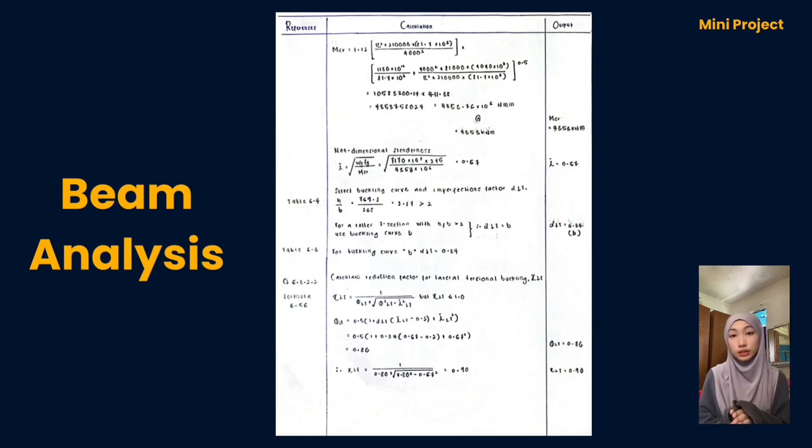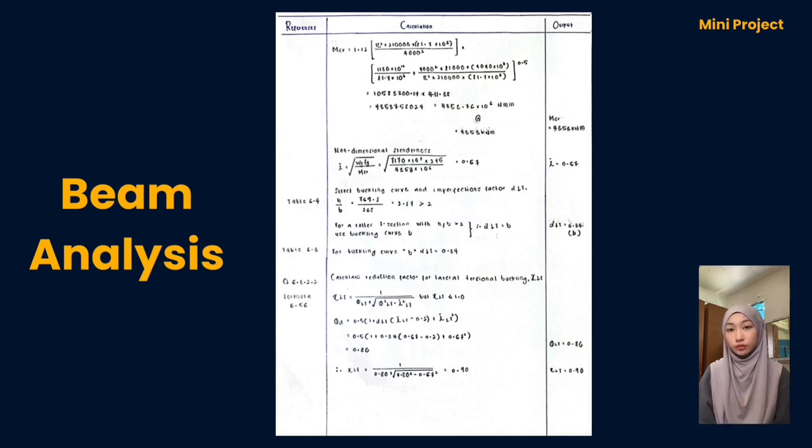For selecting the buckling curve and imperfection factor, refer to table 6.4. H over B equals 2.87, which is greater than 2. That means that for a rolled I section we use buckling curve B, and the value we can refer from table 6.3 for buckling curve B is 0.34.